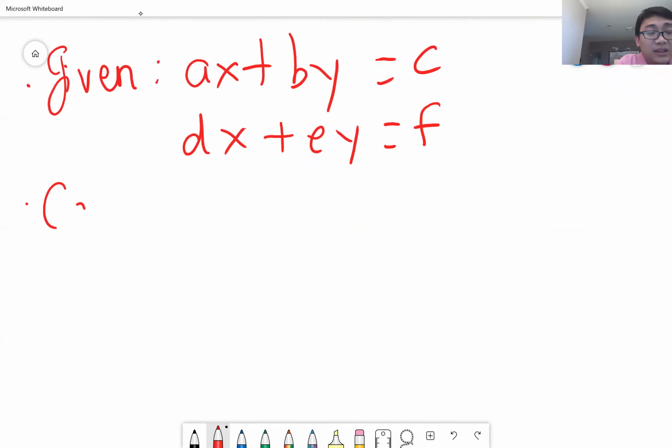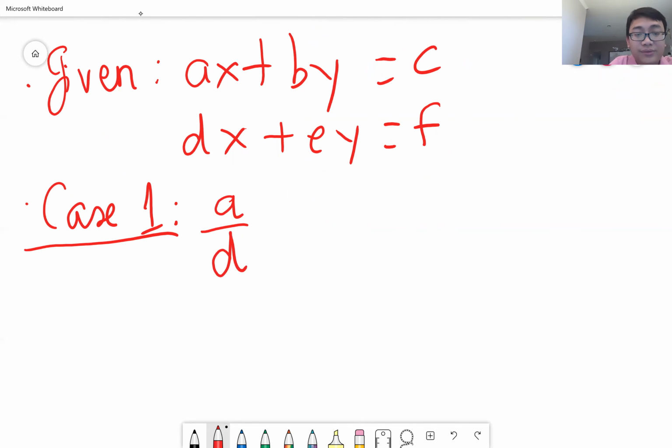Case number 1: if a over d, which is this ratio, is not the same as b over e, you notice the ratios of x and y are not the same, it means that the slopes are different. So in this case, we have only one solution.